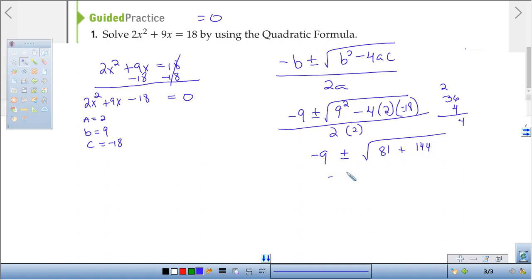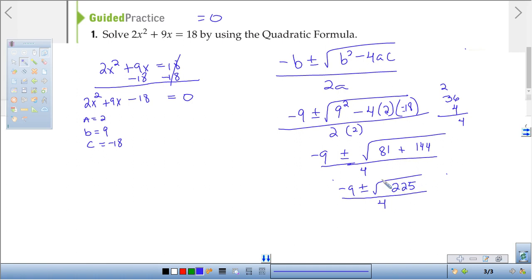So then we're going to have negative 9 plus or minus the square root of 225 all over 4. Not too bad.